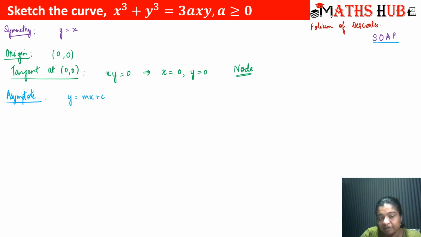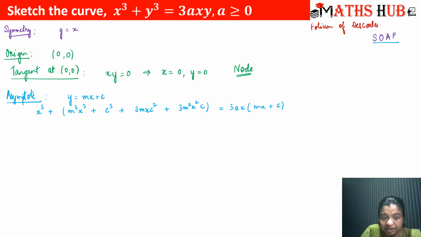So let us put y is equal to mx plus c. So we have x cube plus, I'm directly writing the equation, m cube x cube plus c cube plus 3mx into c square plus 3m square x square c is equal to 3ax into mx plus c.